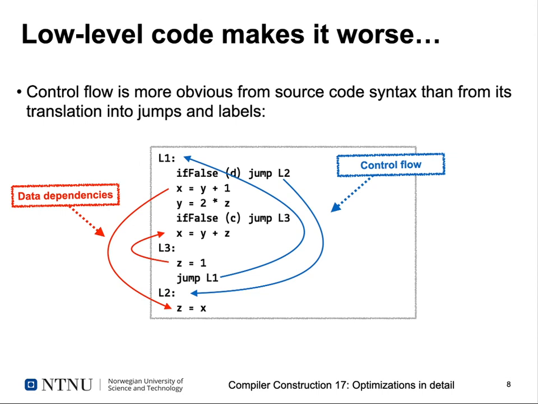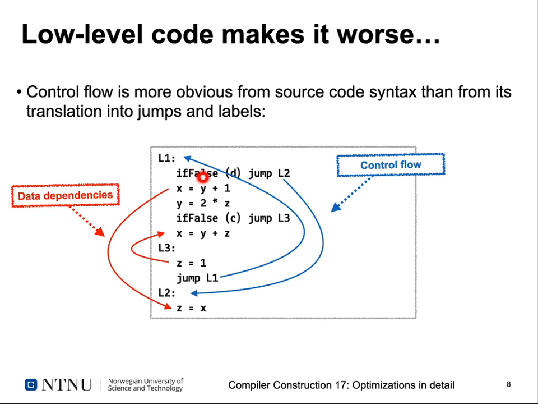So control flow is not that obvious anymore, and in our example, when we translate it to intermediate representation, we have different control flows. For example, at the end of our loop body, we would jump back to the start of our loop, so we have a jump which is unconditional to label 1, which marks the start of our loop here, where we check our loop condition again.